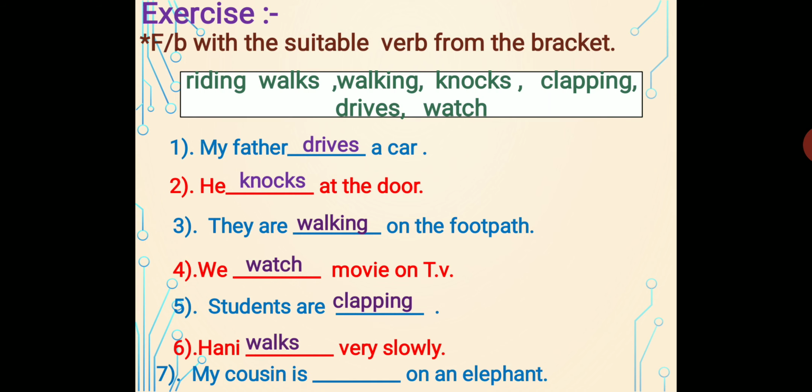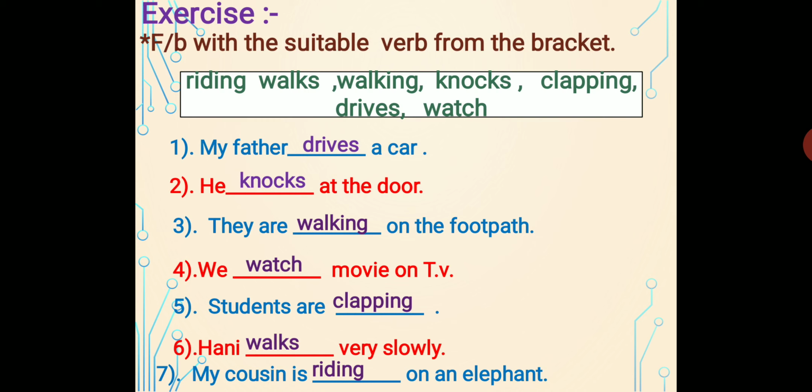Next sentence. My cousin is dash on an elephant. Here, which verb is left in the bracket? Yes, riding. And we use the ing form of the verb here because before riding there is a helping verb in the sentence.